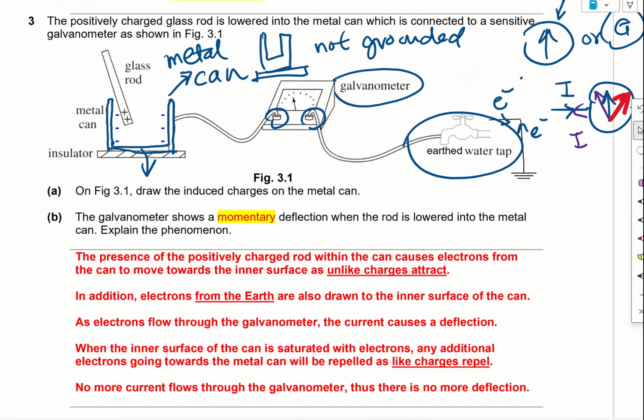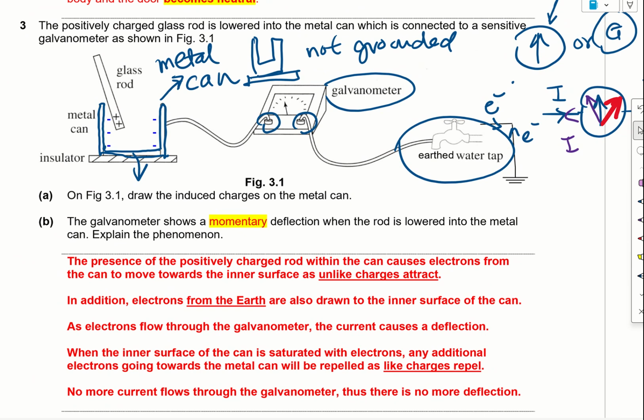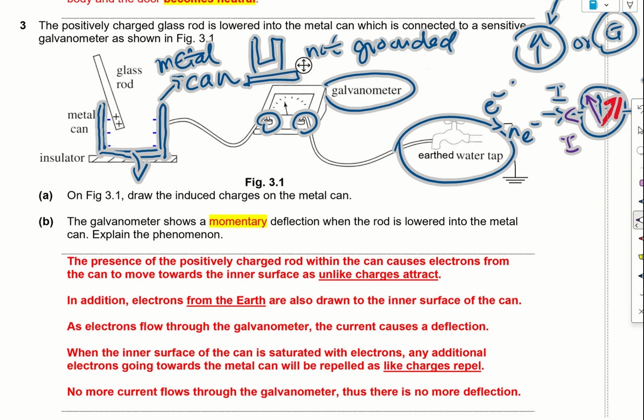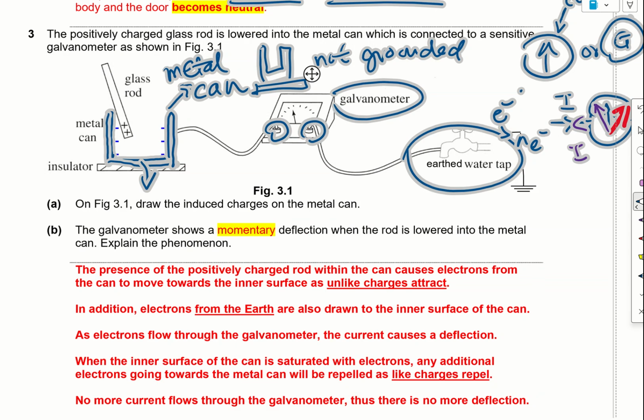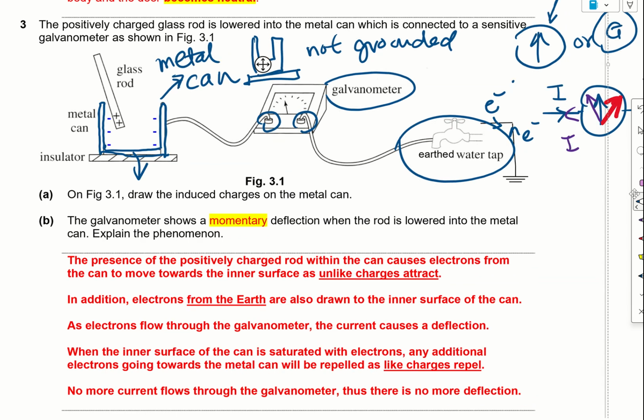So on figure 3.1, draw the induced charges on the metal can. The metal can has a certain thickness. If my glass rod is going into the metal can without touching any of the sides, electrons will be attracted to the inner side, leaving behind protons on the outer side.